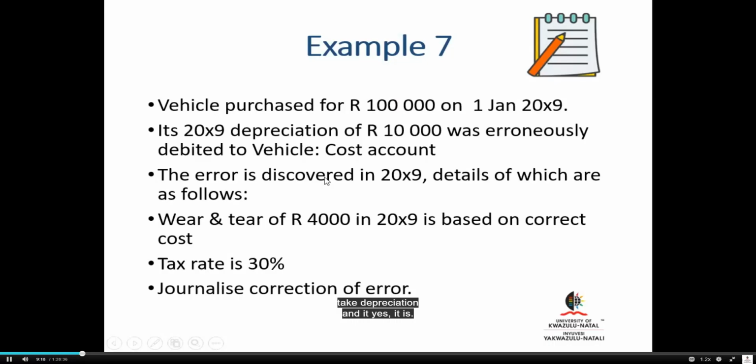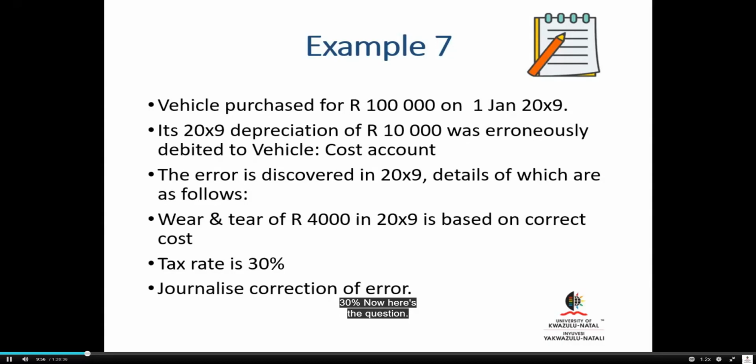So we use depreciation to indicate how this asset over time loses its value, but SARS have a wear and tear system. According to this information, wear and tear of 4,000 was correct. So the treatment was done correctly from a tax perspective, but it was erroneously done from an accounting perspective. And also we're told that the tax rate is 30%.